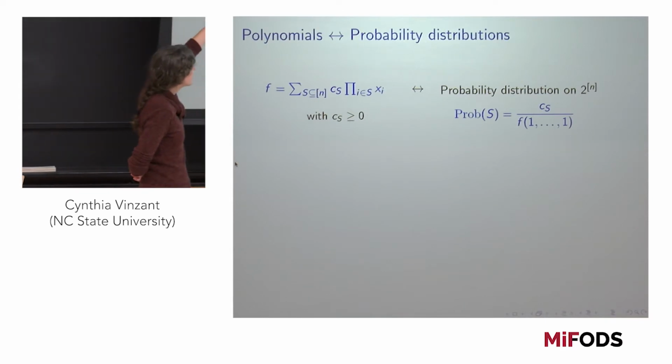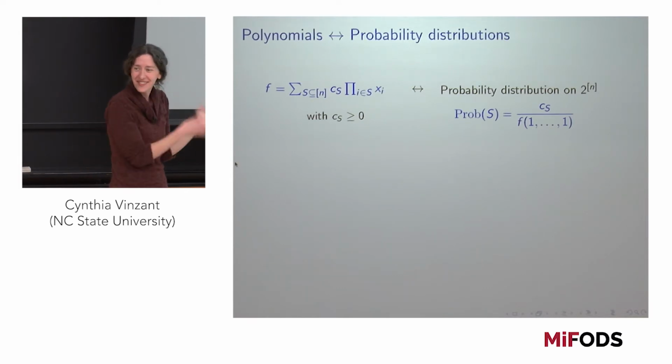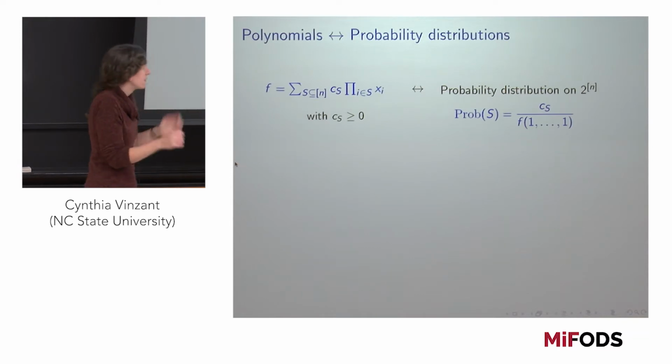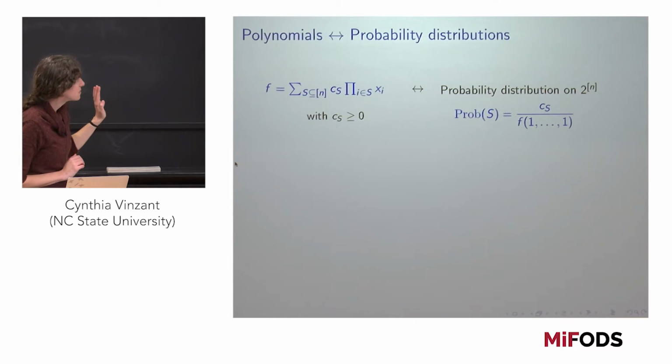If I just scale so that all these non-negative numbers sum to 1, then I would get a discrete probability distribution. In some sense, this is just bookkeeping, right? I have finitely many non-negative numbers. If I scale them globally so they sum to 1, I get a discrete probability distribution. And I'm just going to record them with a polynomial.